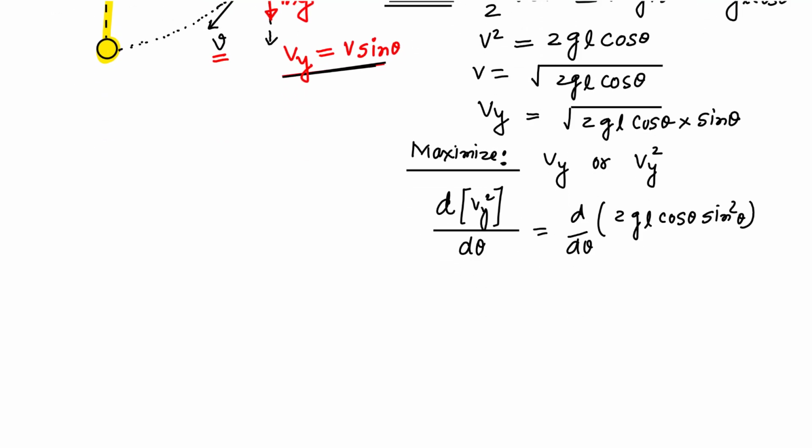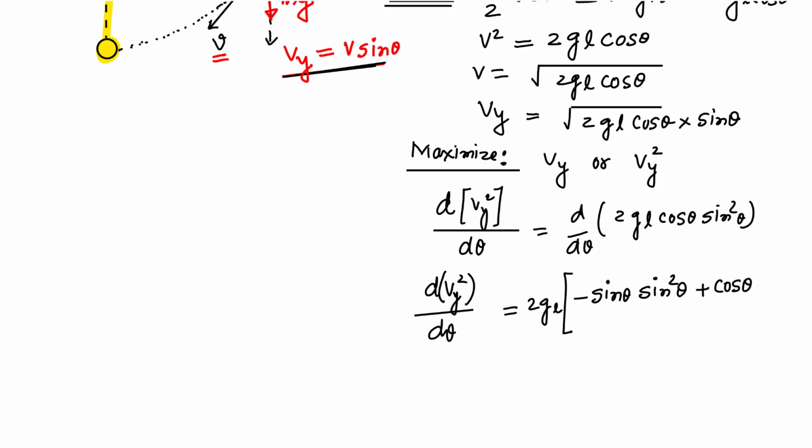So if you differentiate this, d(V squared) by d theta will be 2gL times, the differentiation of cos theta is minus sin theta, and sin squared theta remains as it is, plus cos theta, and the differentiation of sin squared theta is 2 sin theta cos theta.